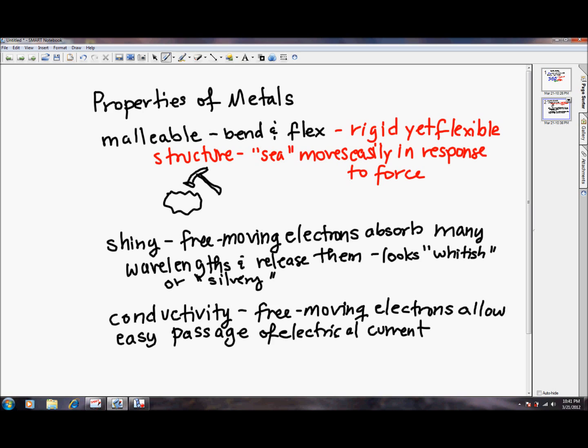You can get everything to stream in one direction. So as a result, we see that metals are very good conductors. The important thing for you to remember is not just what the model looks like and what all the different parts of the model are, but how the model explains some of the properties of the metal. That's the important thing for you to remember.